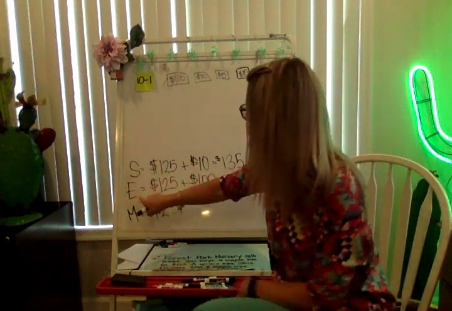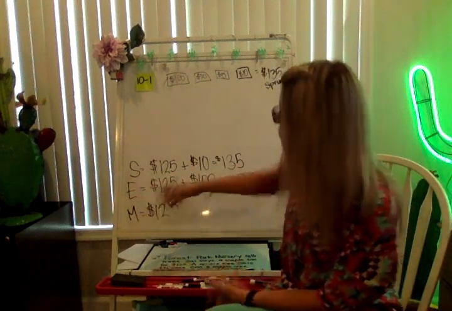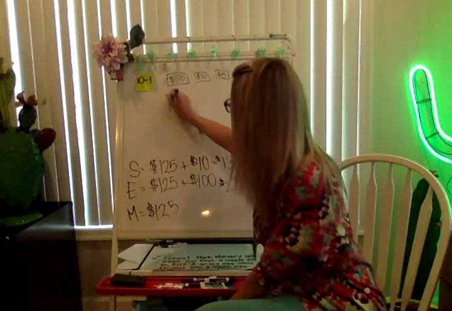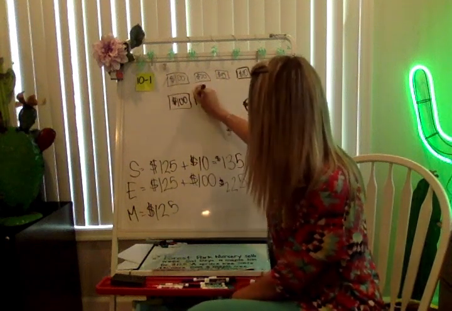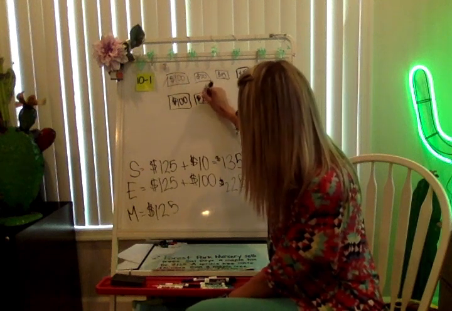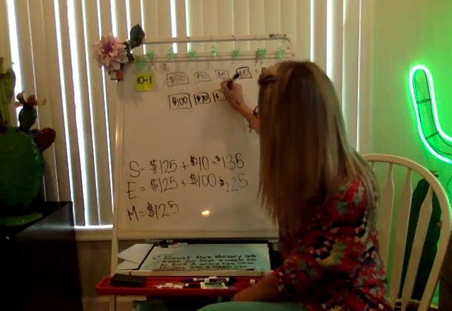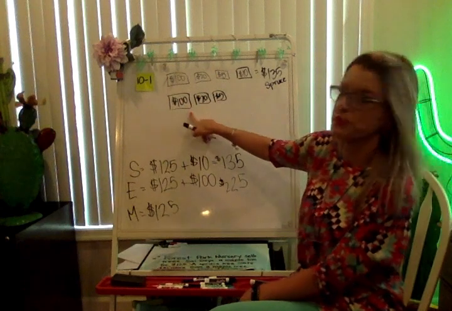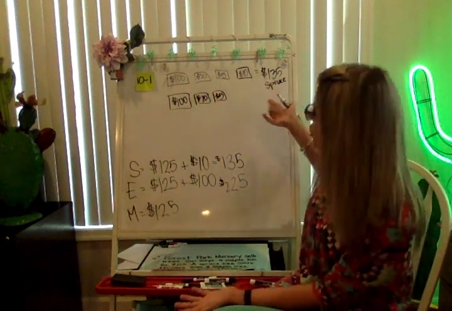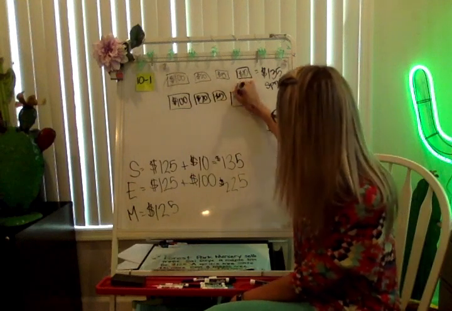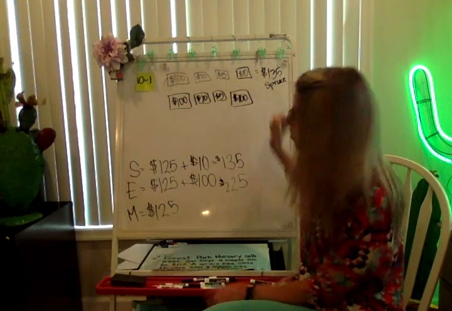If I was going to use the dollar bills to solve the elm tree, it would be the same kind of deal. Here's my $100, and then I've got my 20 and my 5. This is what I know that it costs for the maple tree, and it said the maple tree plus another $100 more. So I'm going to just add a $100 bill. I could draw out a whole bunch of 20s.